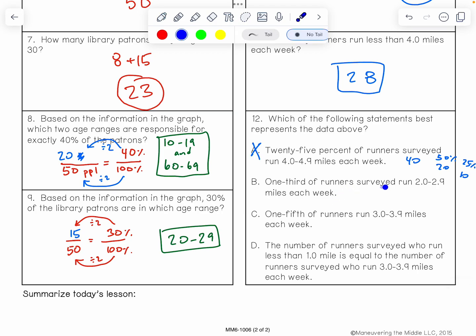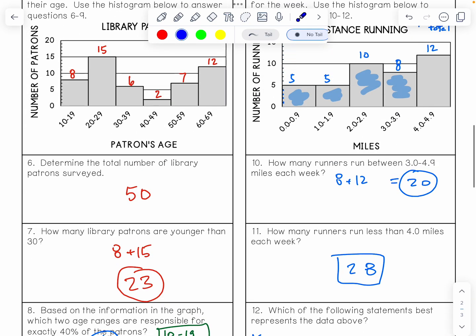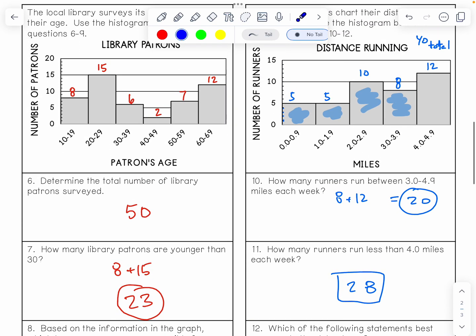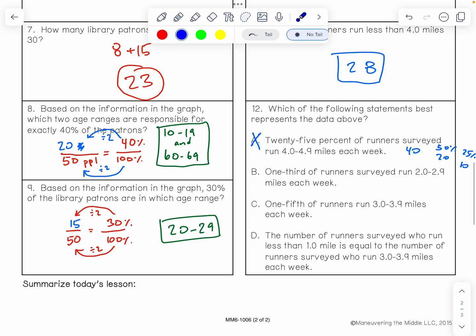1/3 of runners surveyed run 2 to 2.9 miles. That's 10 people. So 1/3. 1/3 is not 10 because 25% is 10, and 1/3 is not 25%. That's 1/4. So that's false. And if you want to know what 1/3 is, you can just take 40 and times it by 1/3, which is 40 over 3.